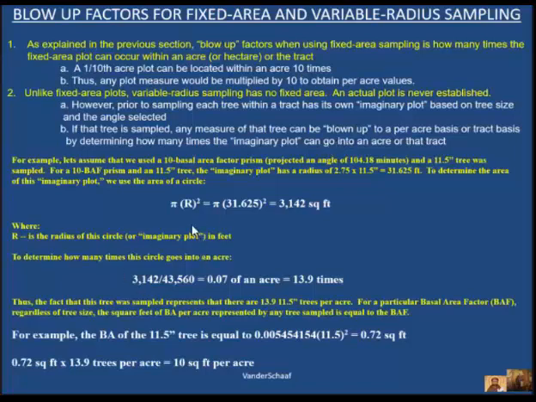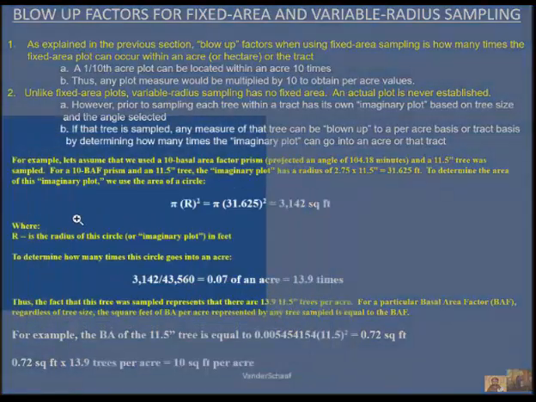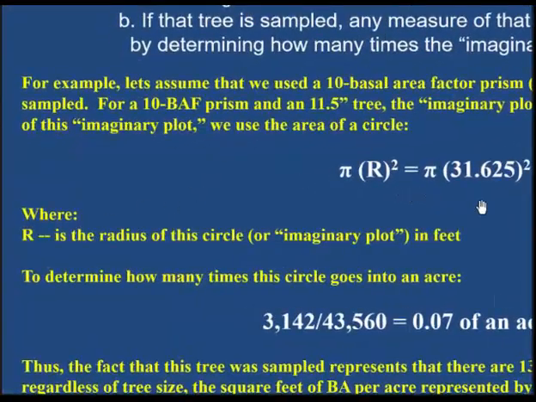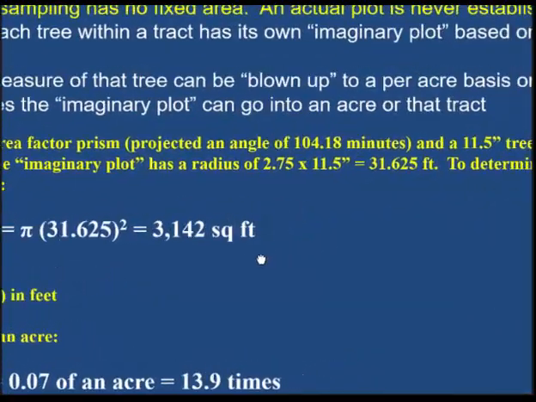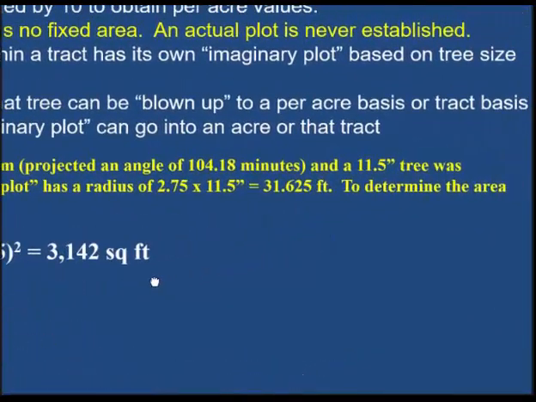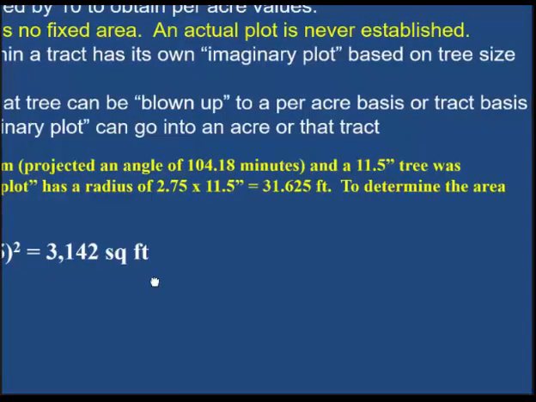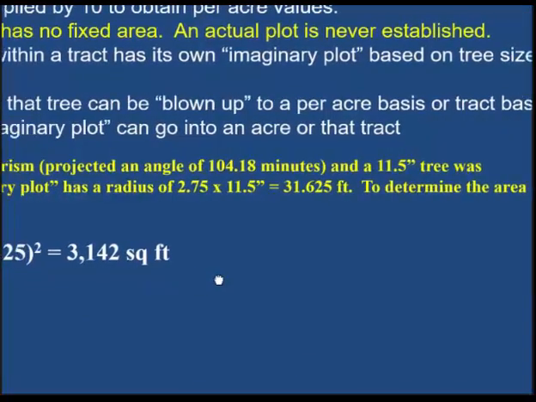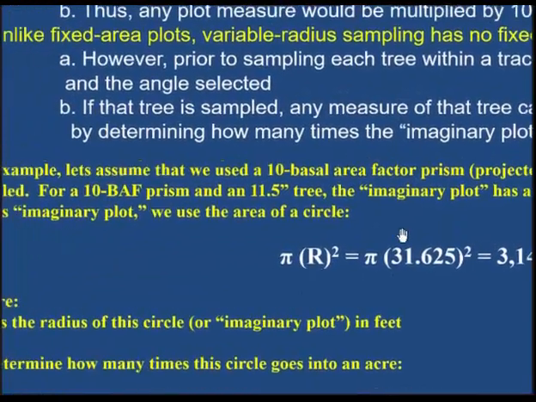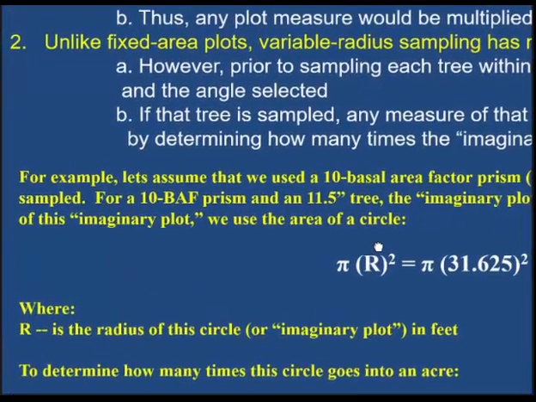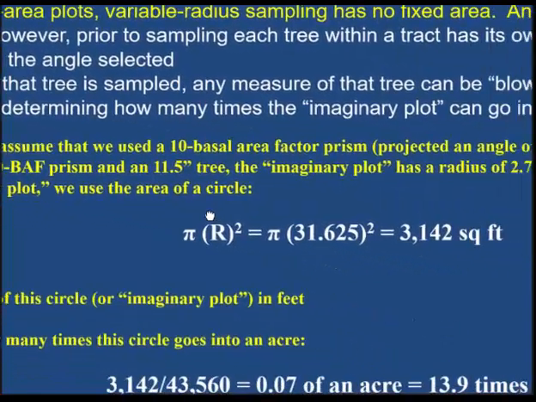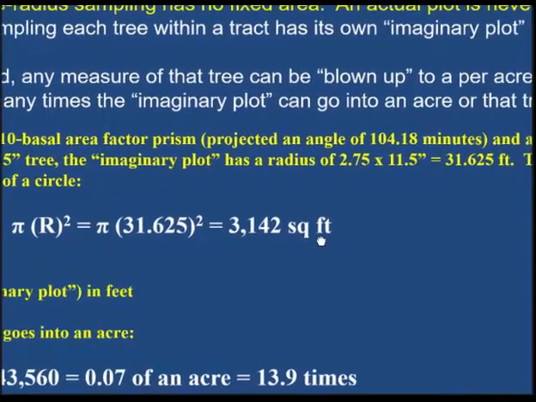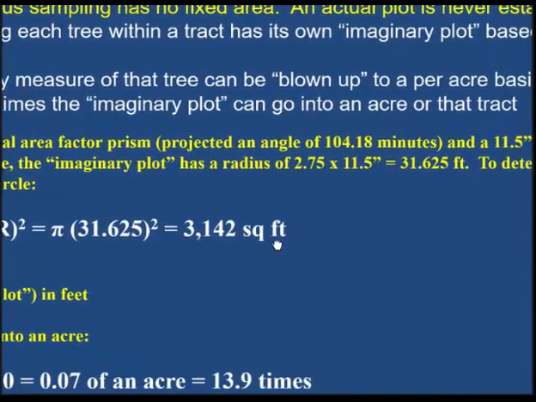So, for example, let's assume that we use the 10 basal area factor prism projecting an angle of 104.18 minutes, and we're measuring, let's say, an 11.5 inch tree that was sampled. It was found to be in. So for a 10 BAF prism and an 11.5 inch tree, the imaginary plot has a radius of 2.75.